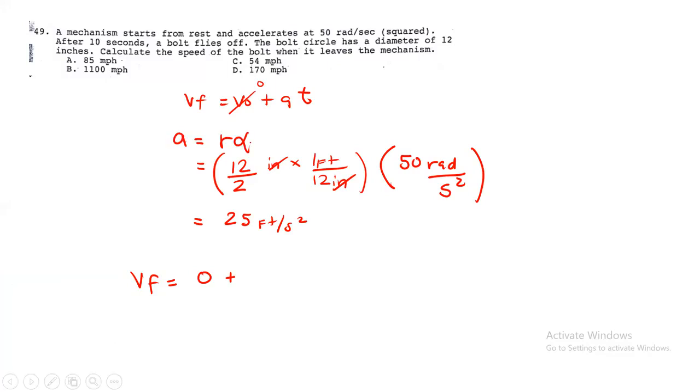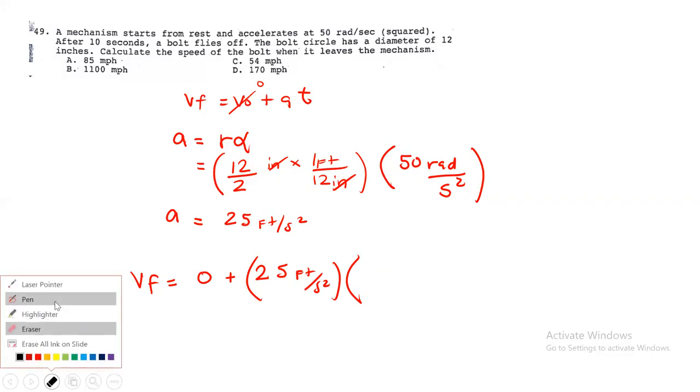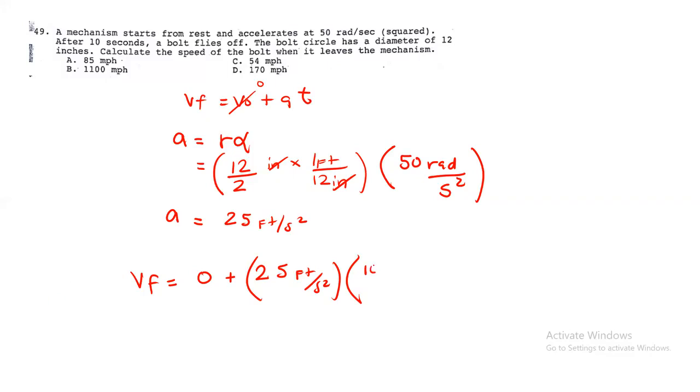So, acceleration is equals to R alpha. So, 25 feet per second squared times ang alpha natin na 50 radians per time pala. Nagkakalito na ako. So, time natin is equals to 10 seconds. So, makancel. So, magiging 25 times 10 is 250 feet per second.